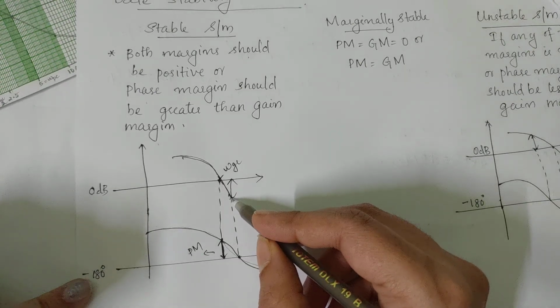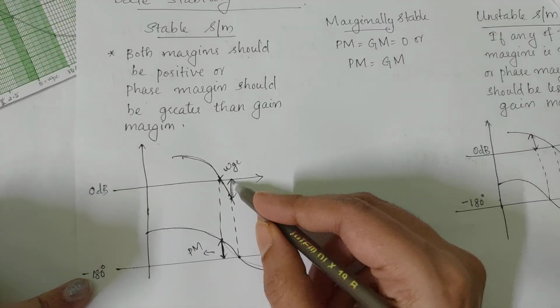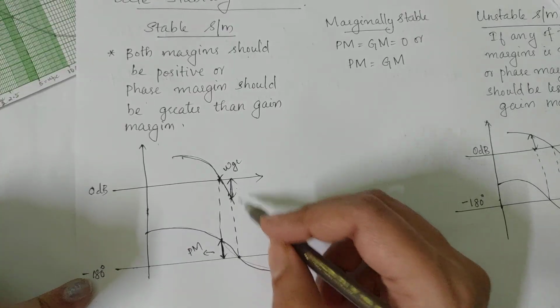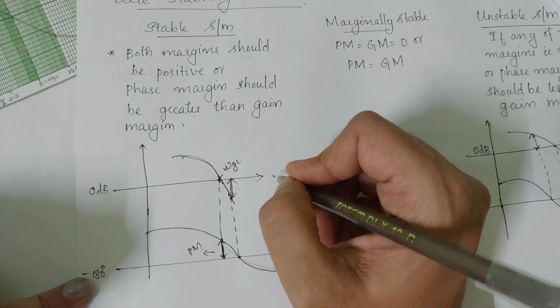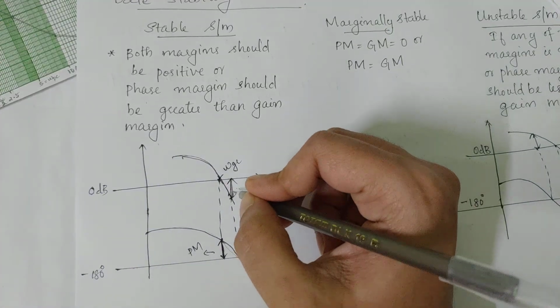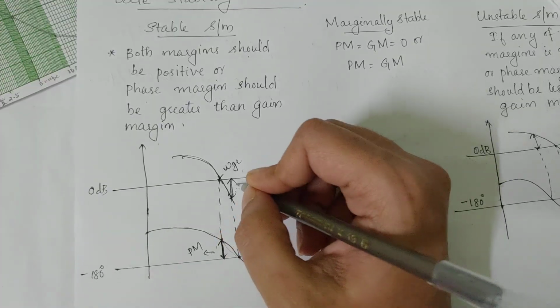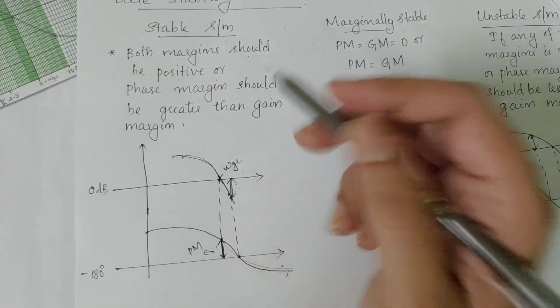Extend it towards the magnitude plot, then you will get this as the gain margin. Both are positive. The gain margin is the negative of the minus dB value, so this is positive and this is positive.